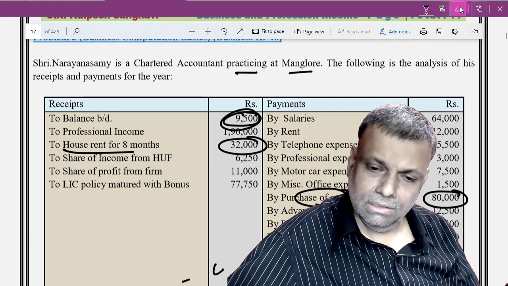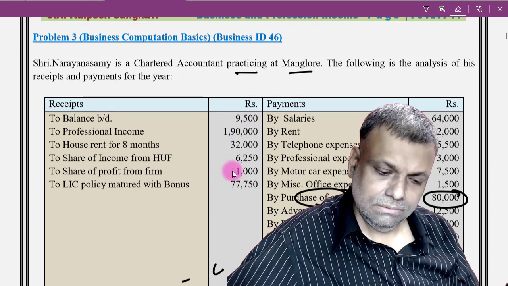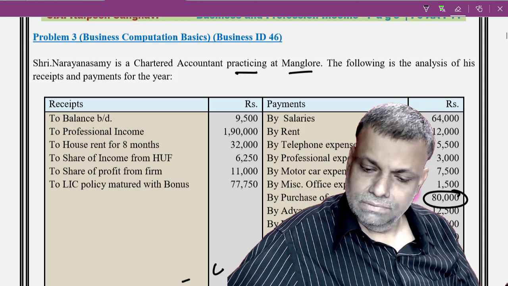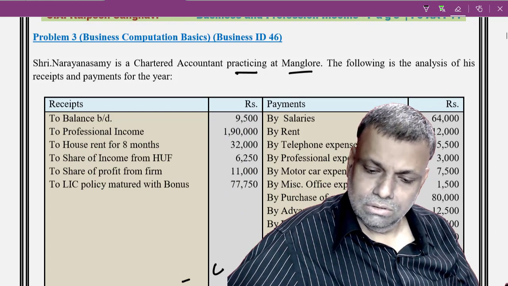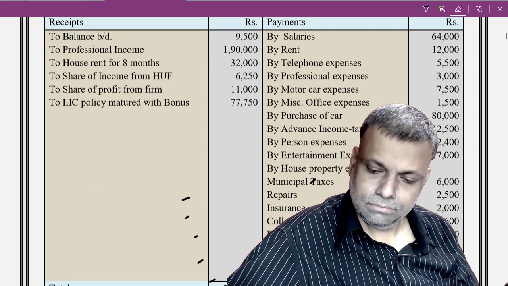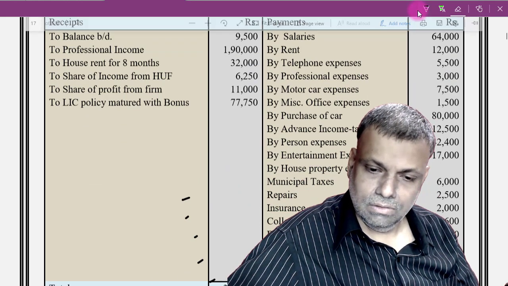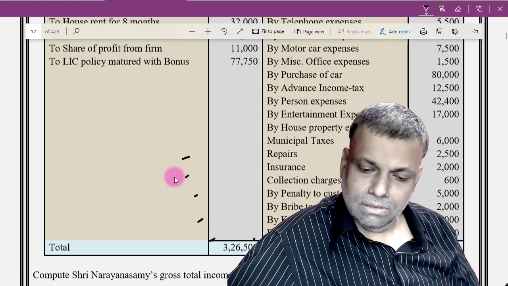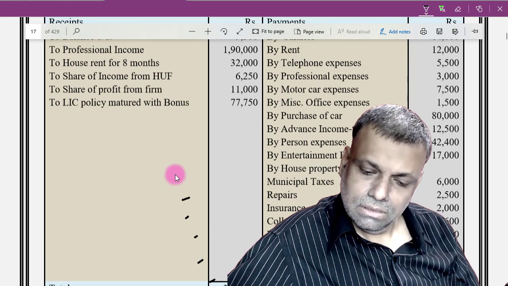One second, let me erase all that. Is there any data about payment?